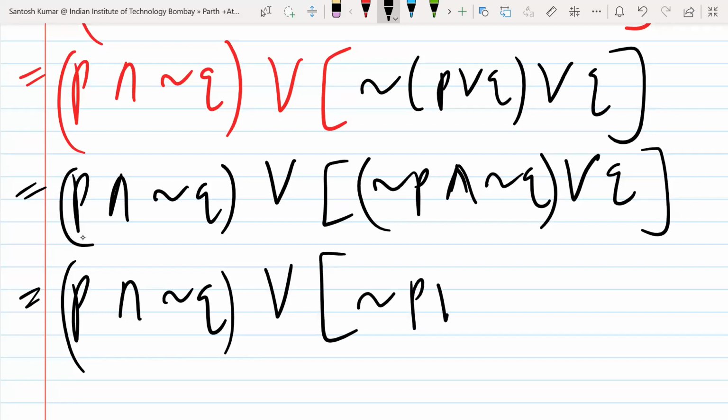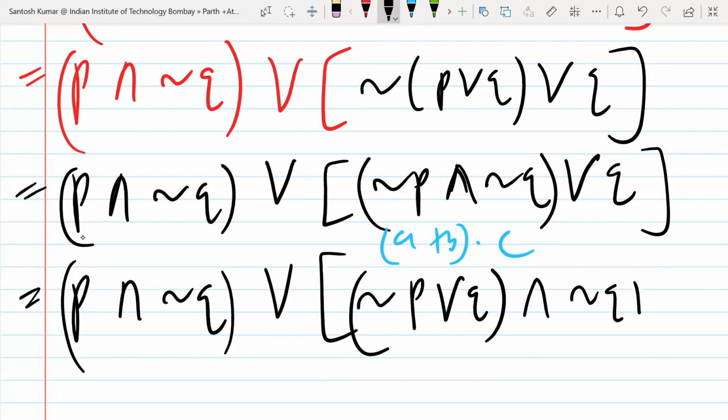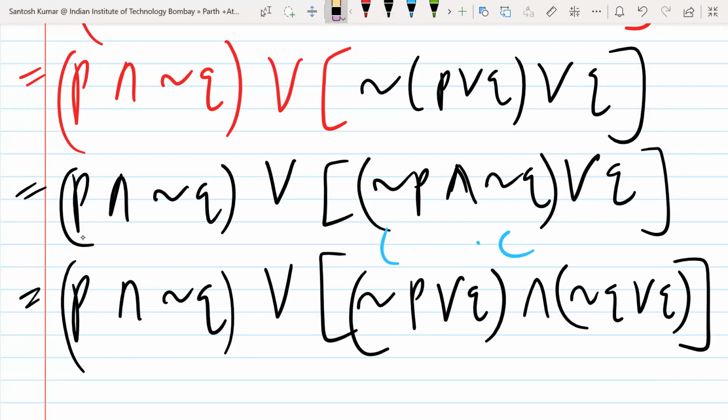So not P or Q, I'm using the distributive law. It is like A plus B into C, so what do you do? A into C plus B into C. So I'm doing that: not P or Q, and not Q or Q. Got it? Distributive law.